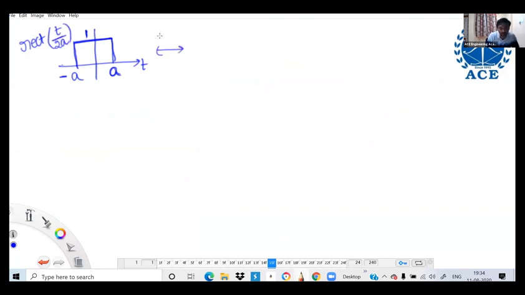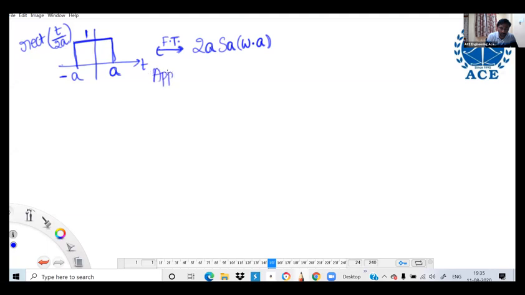What is the spectrum we have to write directly? Area 2A times Sa(ωA), with positive width.